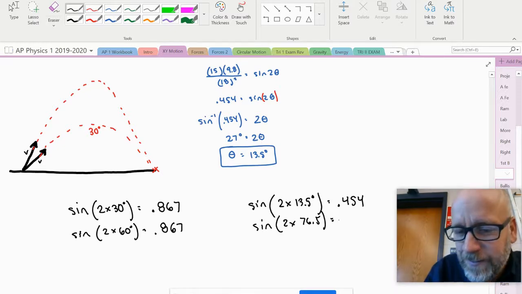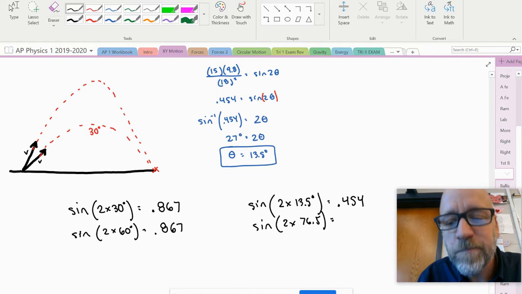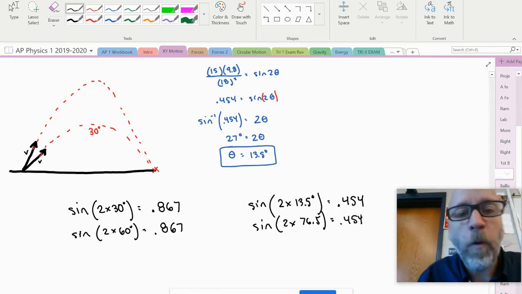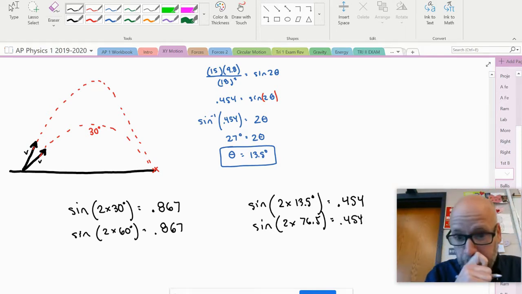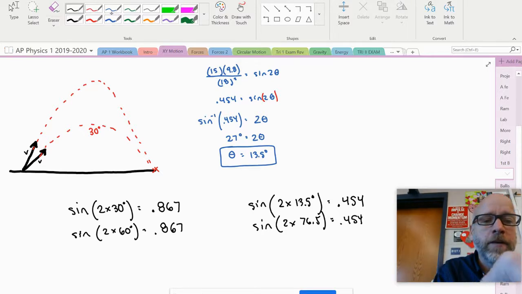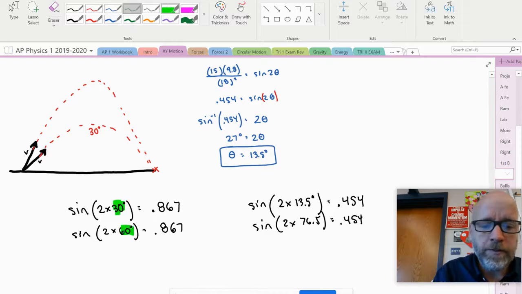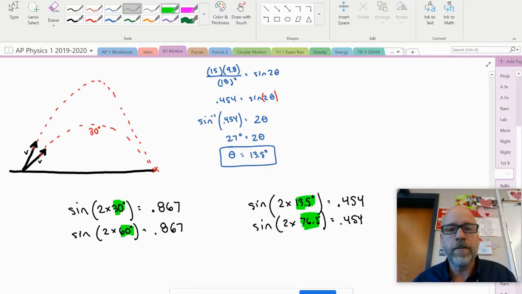That's right. No, wait, you didn't punch it in, did you? It's 0.454. What can you tell me about 30 and 60? What can you tell me about 30 and 60 and 13.5 and 76.5? Yes, that is right.